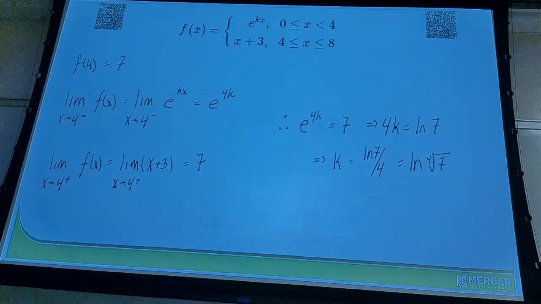That's the power law. Natural log of 7 to the 1/4. So it's the natural log of 7 to the 1/4, a single value there.